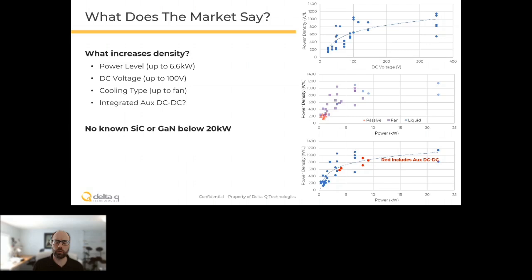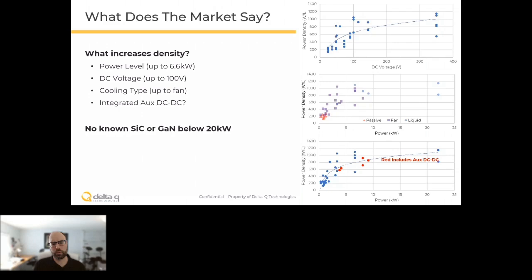And does this increase power density? Not on this plot. It looks like they more or less follow the trend. But I think if we looked at system power density, like looked at connectors, package space, wiring, that they would be increasing power density. The other thing to note is that none of these have any silicon carbide or GaN, to my knowledge, other than some of those 20 kilowatt chargers that have three-phase input.